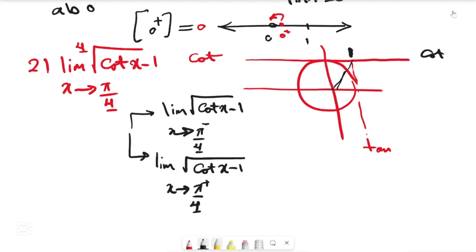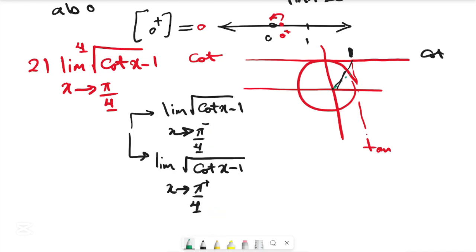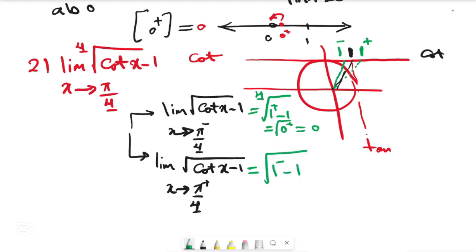In the minus part, we can understand that is positive 1, and therefore if we substitute positive 1 minus 1, the fourth root is positive, and the answer is 0. But on the right side it is exactly minus 1, and minus 1 minus 1, the fourth root of a minus number is not defined.